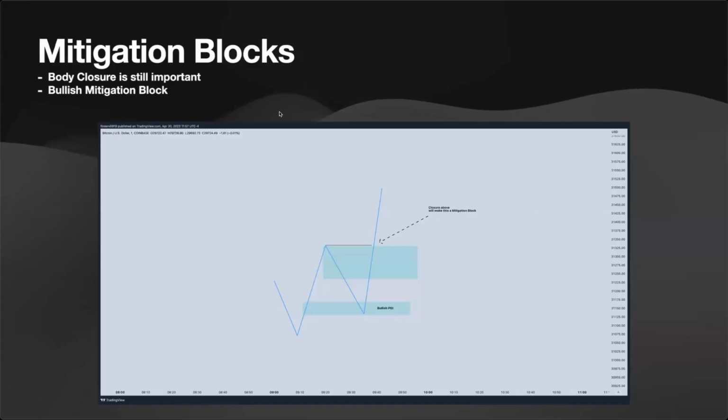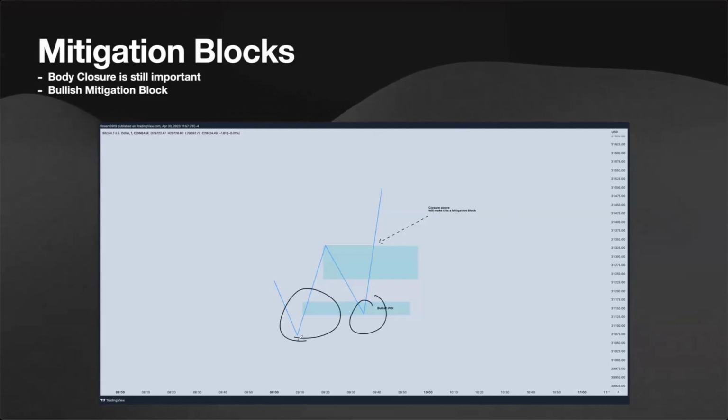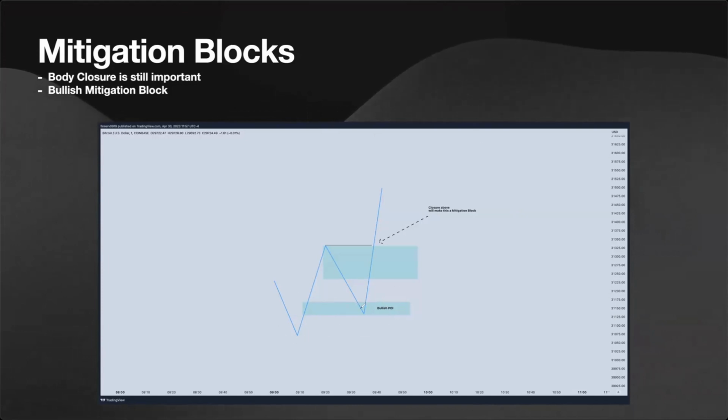Mitigation blocks. Now, body closure again is extremely important. In this case, we have a bullish mitigation block. For a bullish mitigation block, this reaction here must come from a POI, obviously. Ideally, we are looking for a bullish order block or a bullish fair value gap to cause this signature in price, and we're looking for price to trade above this high and close above it.